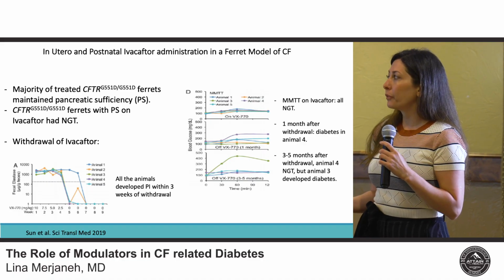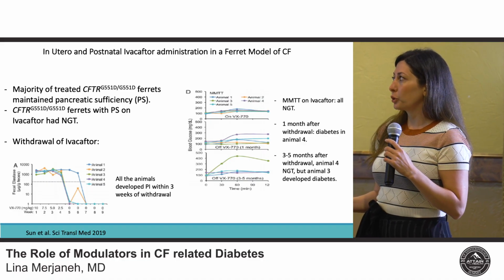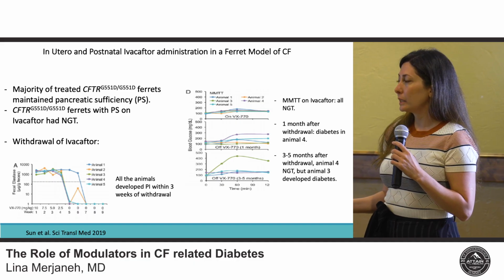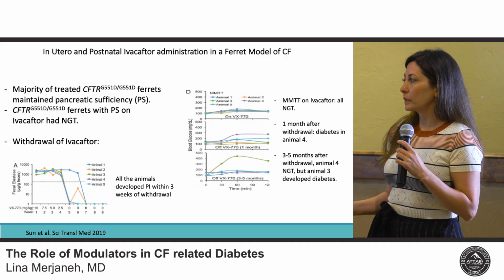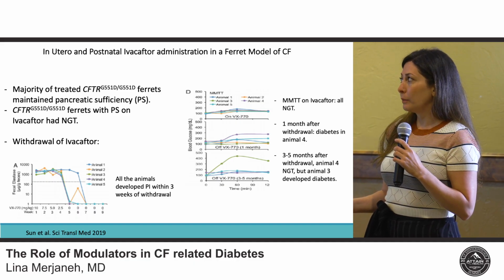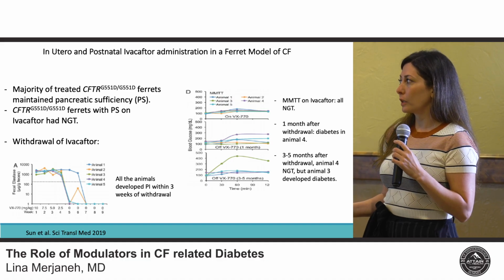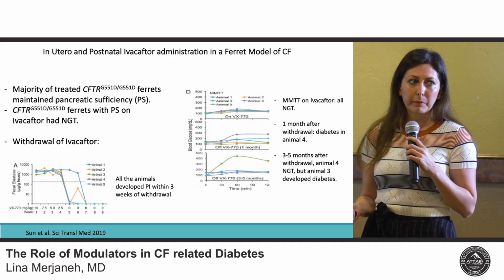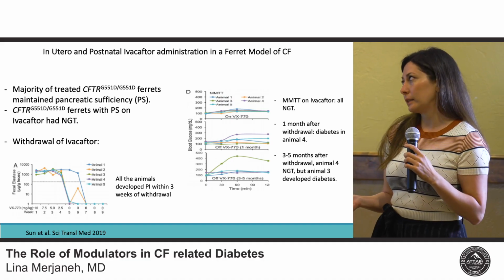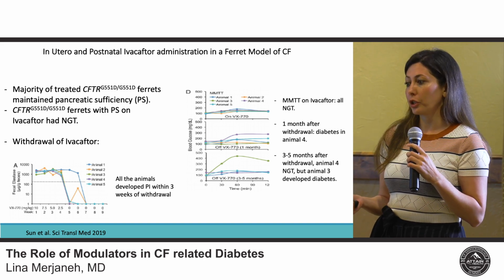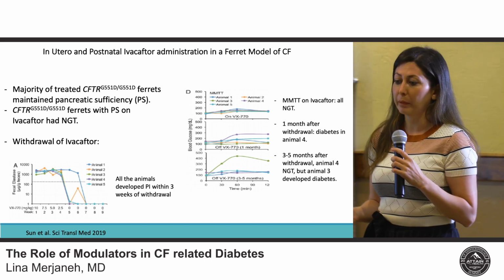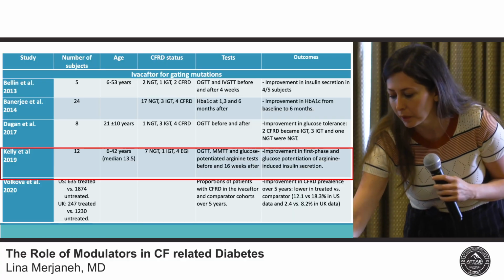A month after stopping ivacaftor, one animal developed diabetes. Then 3 to 5 months later, that animal had normal glucose tolerance, but another animal developed diabetes. So this indicates that CFTR dysfunction plays a role in diabetes development.